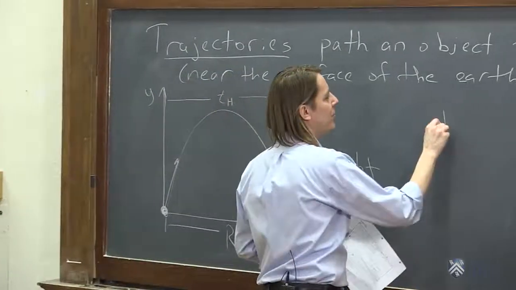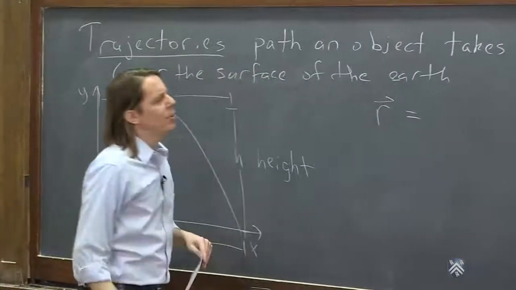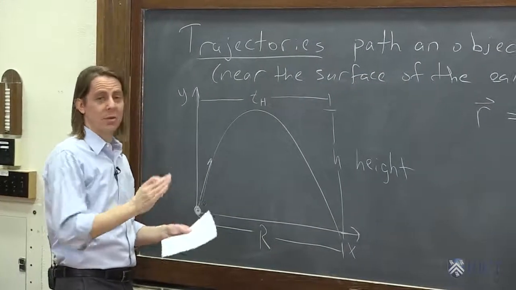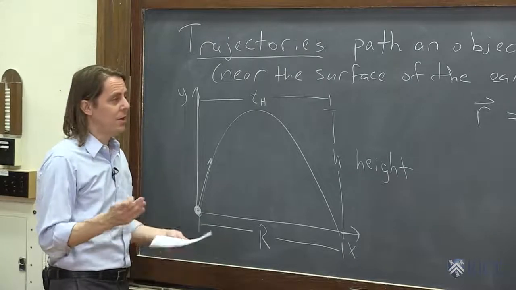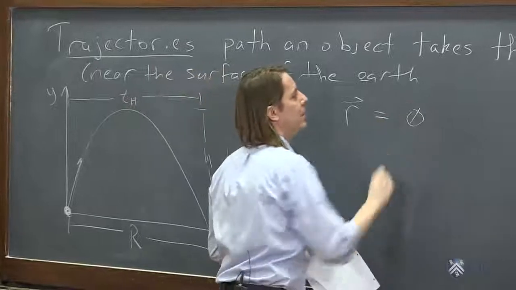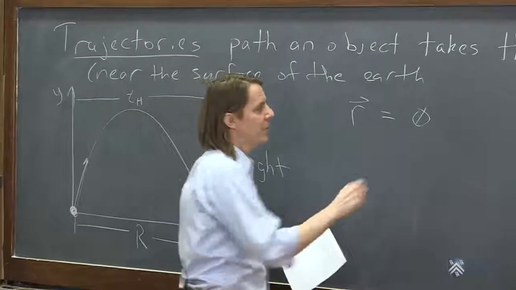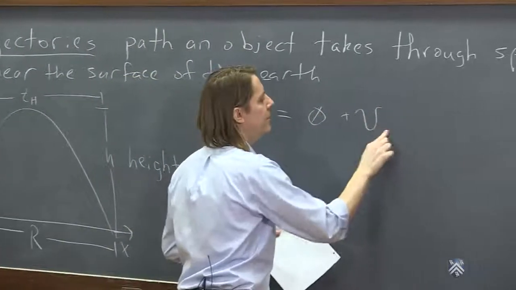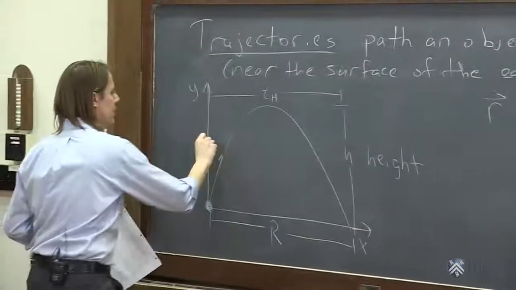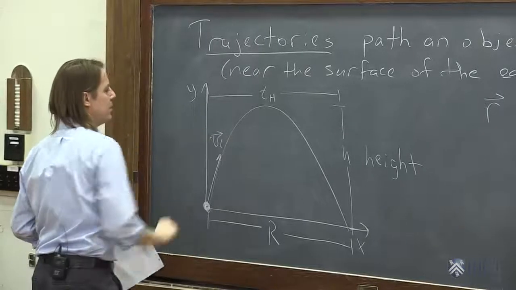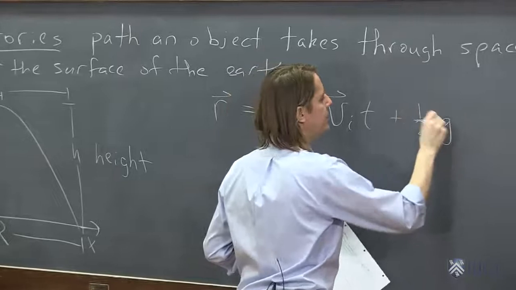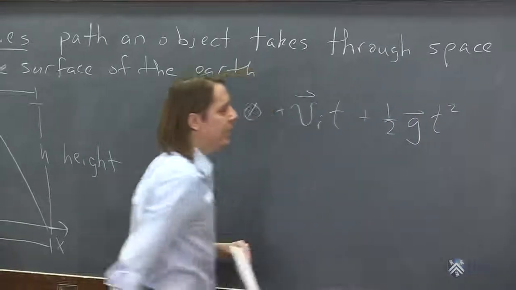We could really be bold and start like this. You know, we always break things into x and y. I just want to remind you that you can also write it even more generally, just as the r vector. And the r vector follows the standard kinematics equations. The initial position is a vector that is just 0, plus v initial t, that has both components in it, where this is v initial, plus 1/2 g vector t squared.